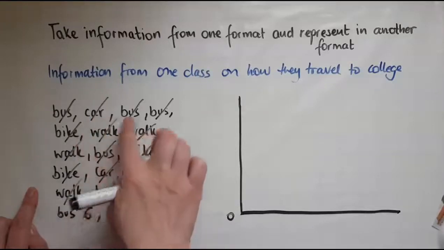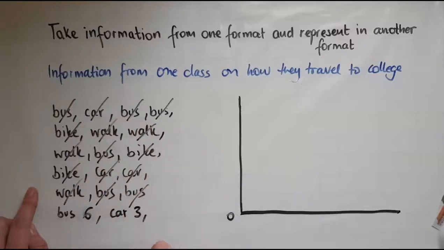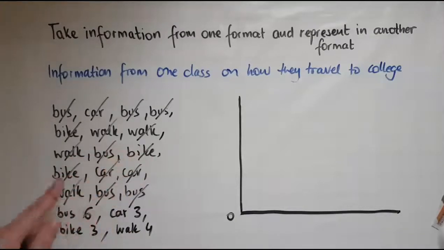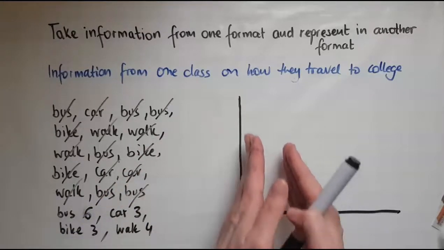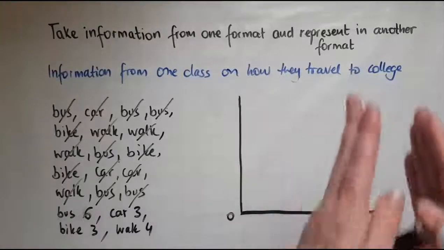There were 3 who traveled by car, and we had bike 3 and walk 4. So I can double check here to make sure that the information is correct. So what I'm going to be doing, I'll put these modes of transport here at the bottom and the numbers alongside it, so that we can see how tall the bars are for each of these.